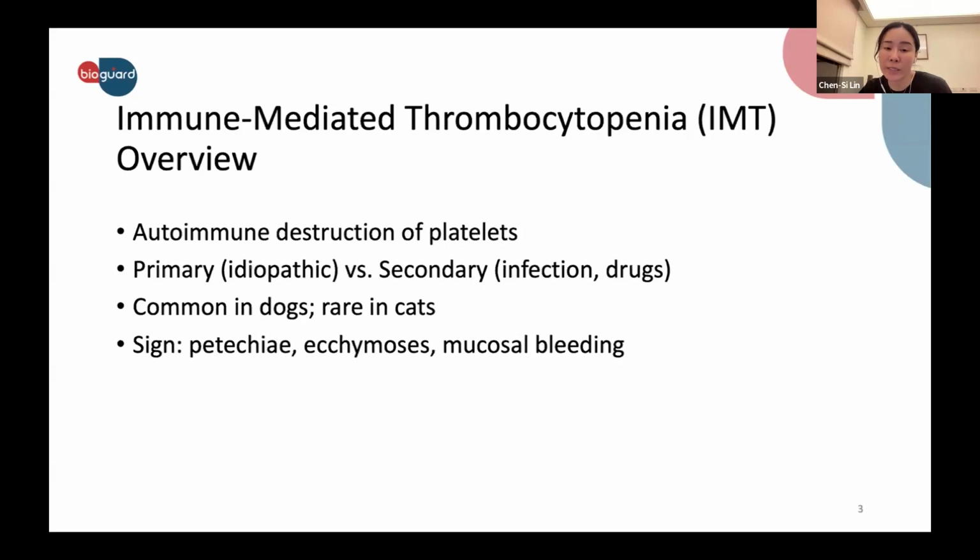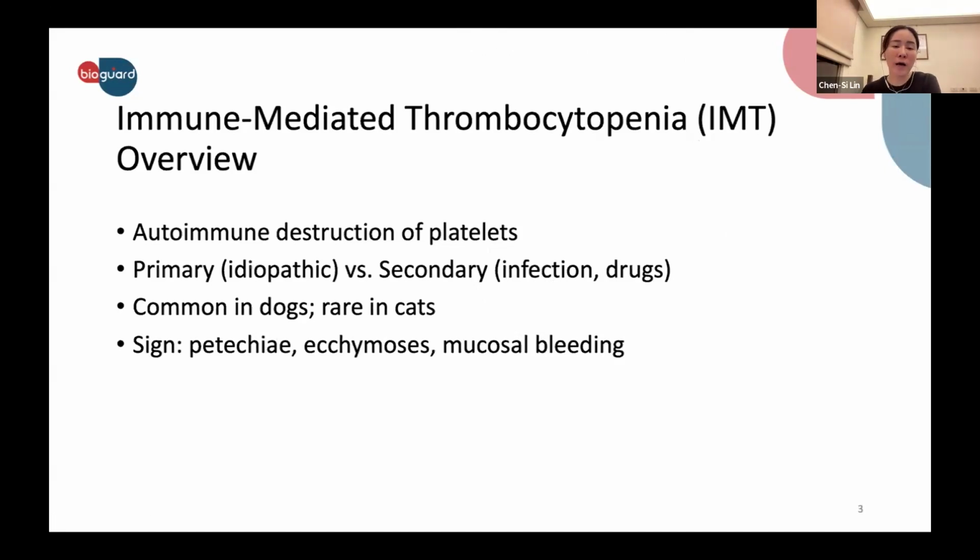Secondary to this kind of infection, we can find ITP in some cases. Also some specific drugs as well as tumors. So infection, improper drug treatment, and neoplasia can be followed by secondary ITP.